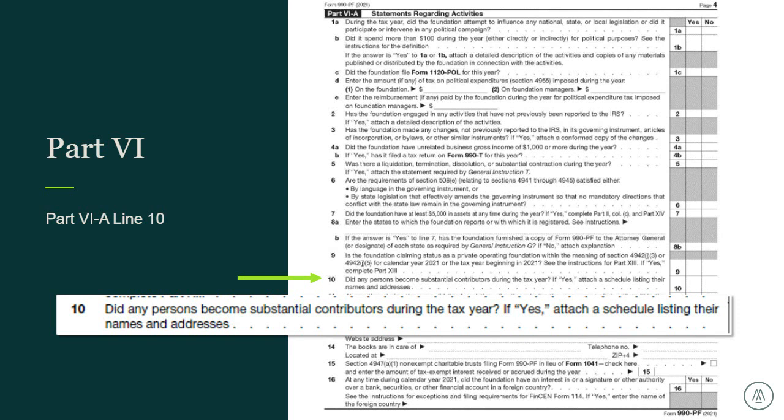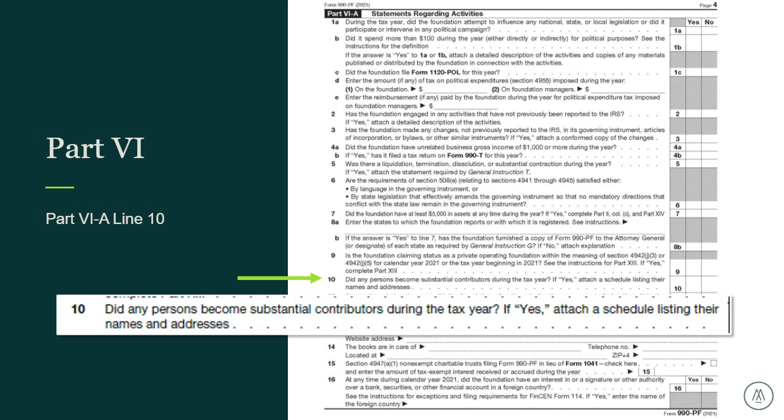Thank you. So now that Pam has gone over the definition of disqualified person, I wanted to tie it back to the Form 990-PF, where one category of the disqualified person is addressed under Question 10, Part 6A. If the answer to this question is yes, the foundation is prompted to attach a schedule listing the names of these contributors in the year that they arise.